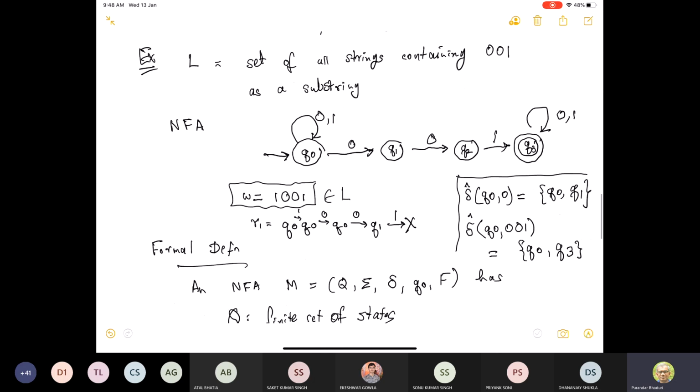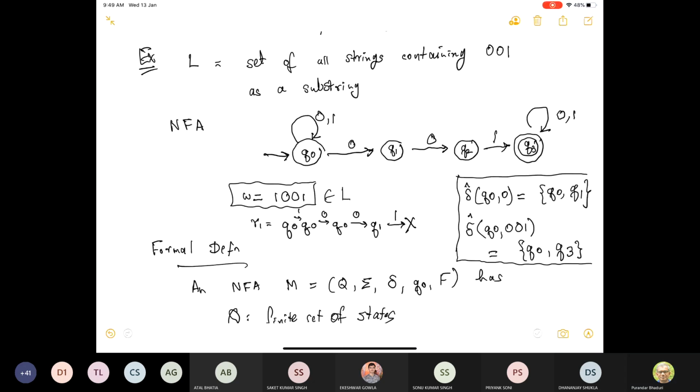On the other hand, if you compute delta hat Q1, 1, that is the empty set, right? Similarly, delta hat Q2, 0, that's the empty set.